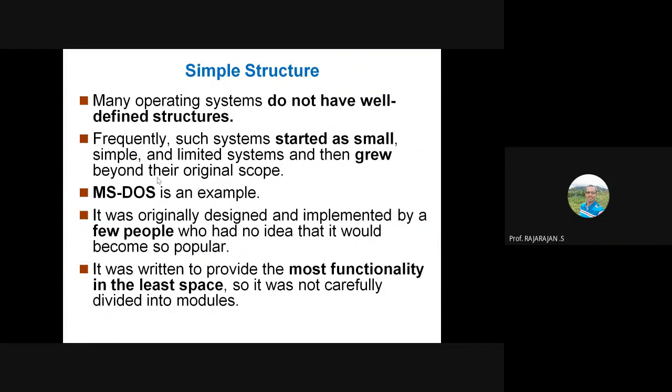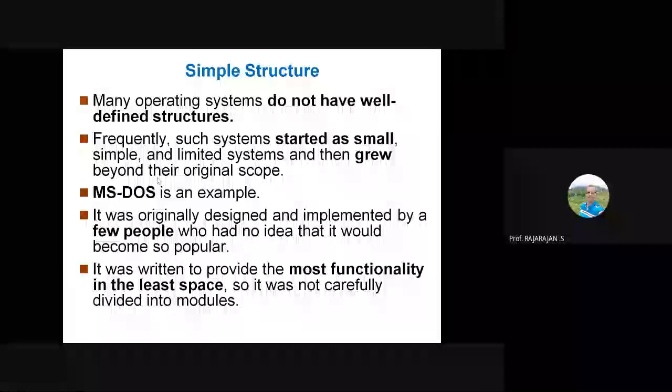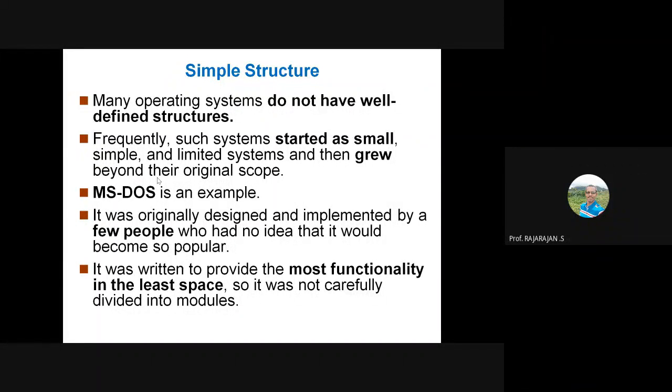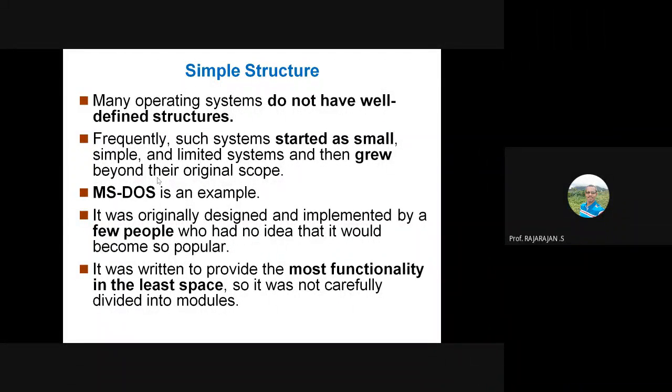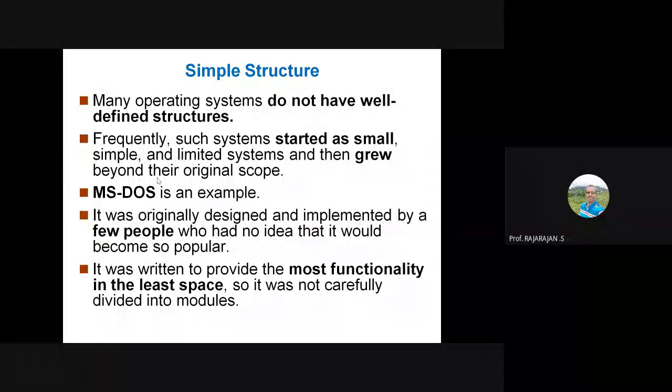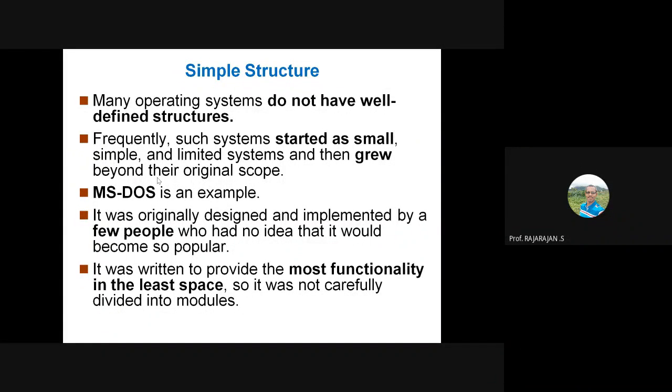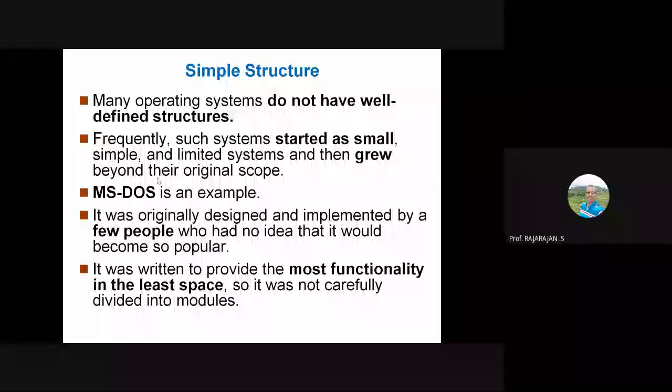or unorganized. And the reason mentioned here why people implemented such operating systems is that they were not actually planning to implement an actual OS. If you take MS-DOS, I guess it was implemented by Bill Gates during his initial days. It's only after the success of the DOS operating system that the company Microsoft started to grow.